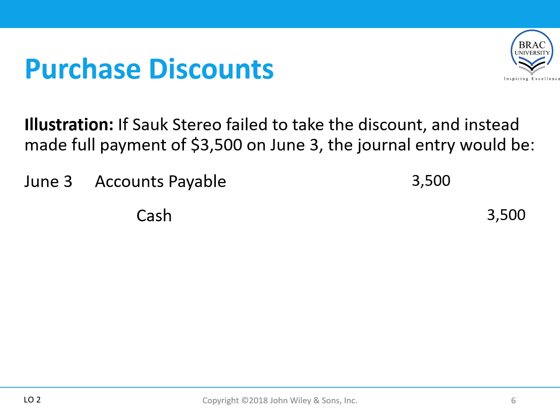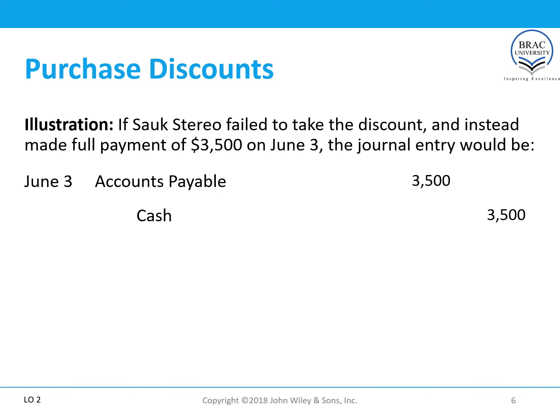Because SOG is paying for the inventory, accounts payable will be debited by $3,500, the net invoice price. And since SOG is paying in cash, the cash account will be credited for $3,500.